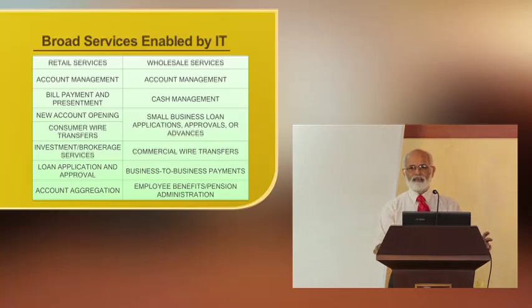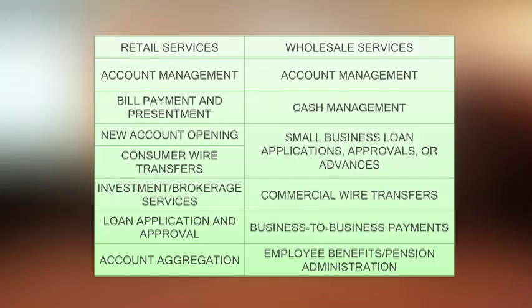Earlier this was called TT, telegraph transfer, and now it is NEFT or RTGS transfer. Also investment and brokerage services like demat services or online trading, the loan application approval process, and account aggregation, where you consolidate multiple accounts under one client ID. All these services are offered under retail services.